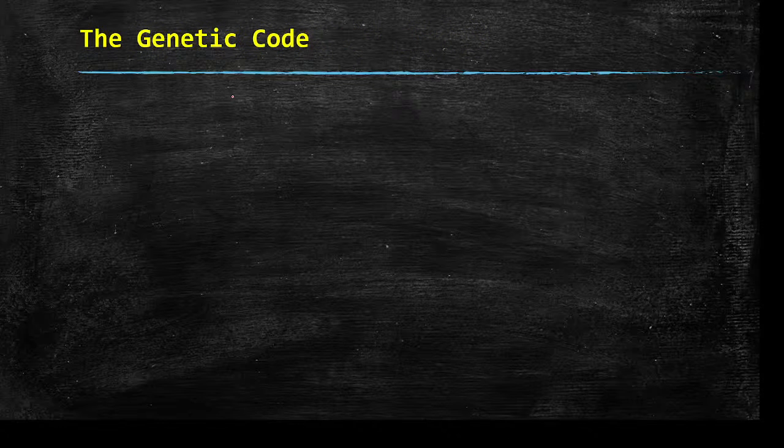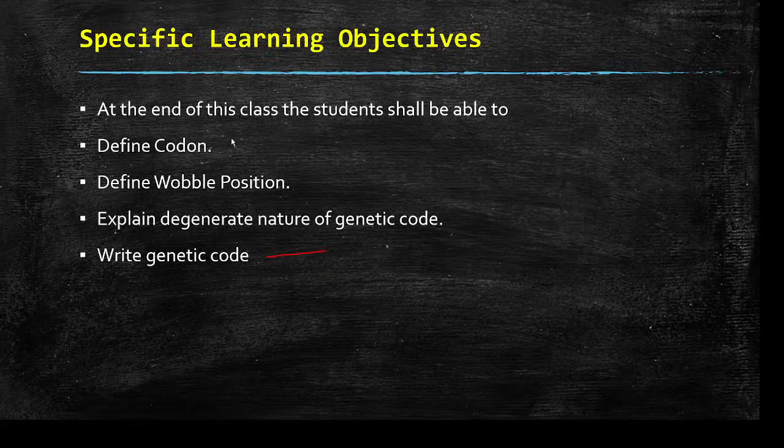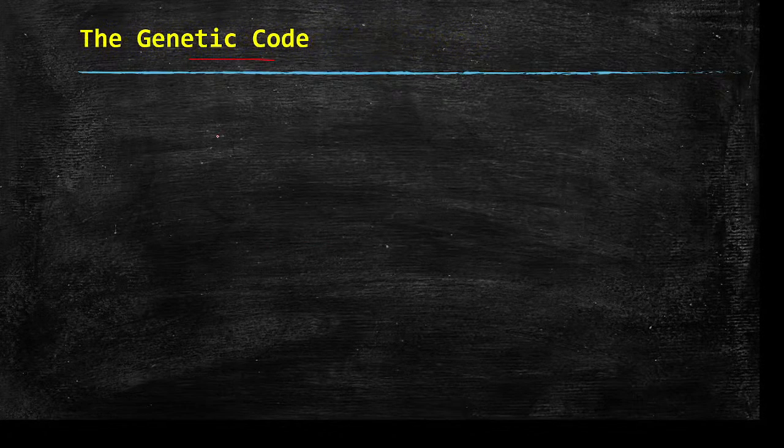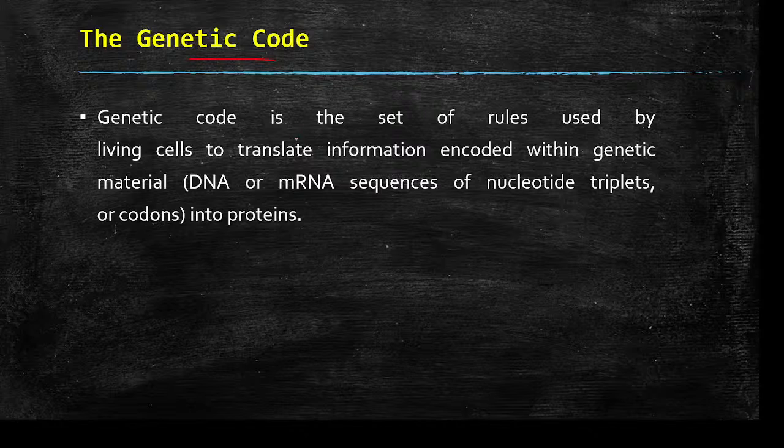So, introduction to genetic code. Genetic code is a set of rules used by living cells to translate information encoded within genetic material. This is used by the cell to translate the information present in the DNA or mRNA sequences of nucleotide triplets.